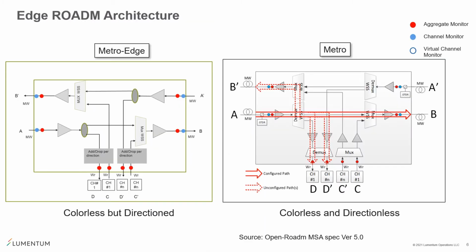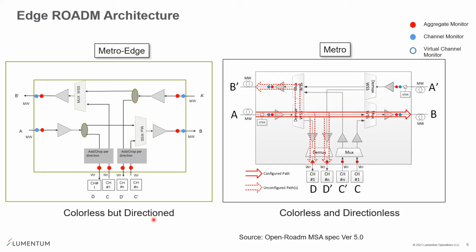Now let's look at the node level reference model for both the edge and the metro as defined in the OpenROADM MSA specification version 5.0. And as you look at the two reference models, the first thing that is very apparent compared to a traditional metro application is that the edge is actually showing a broadcast and select type architecture here.